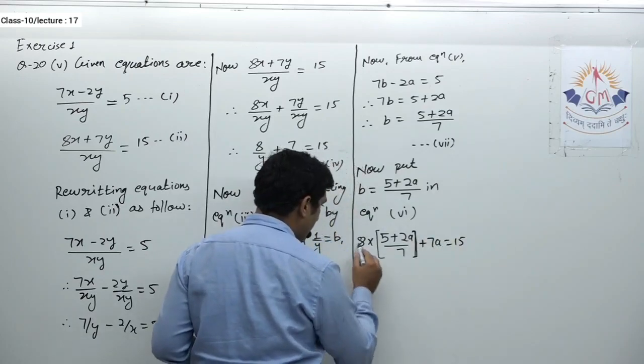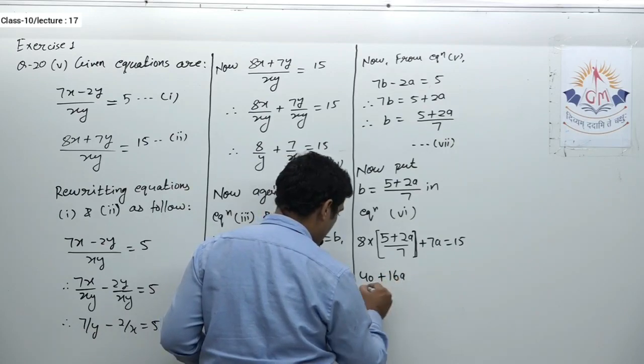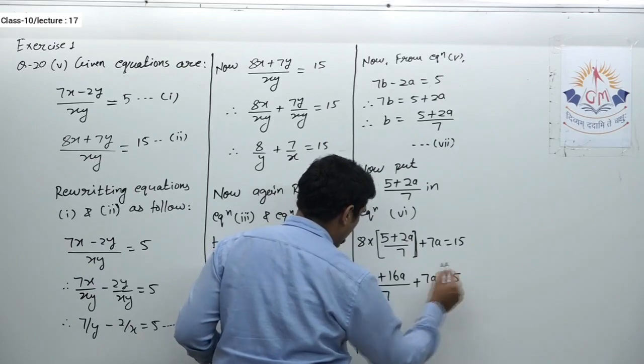So this will become (40 plus 16a) upon 7 plus 7a is equal to 15.